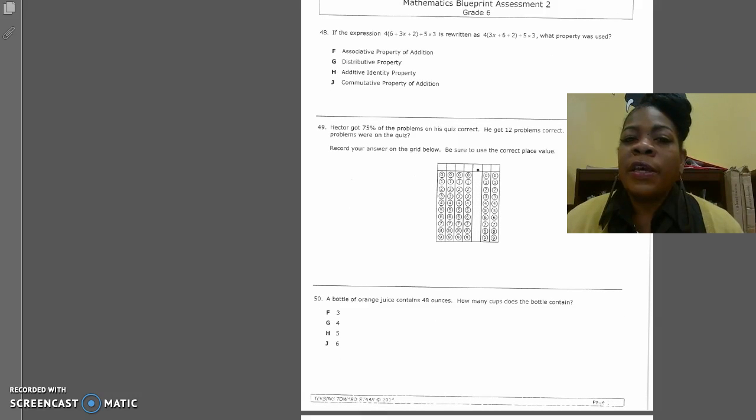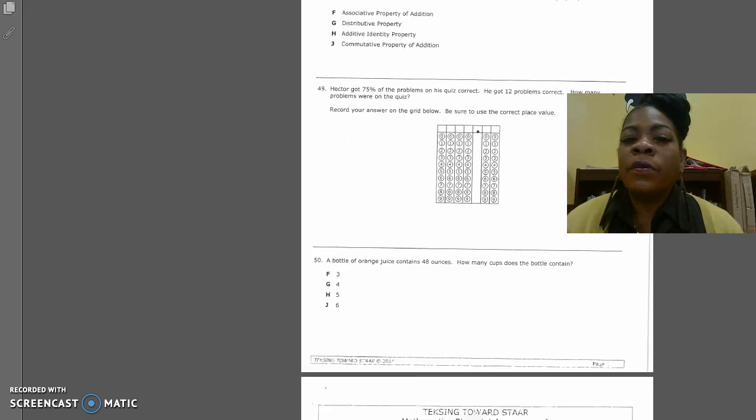48. If this expression is rewritten as the second one, what property was used? F says associative, G says distributive, H says additive identity property, and J says commutative property of addition. 49.